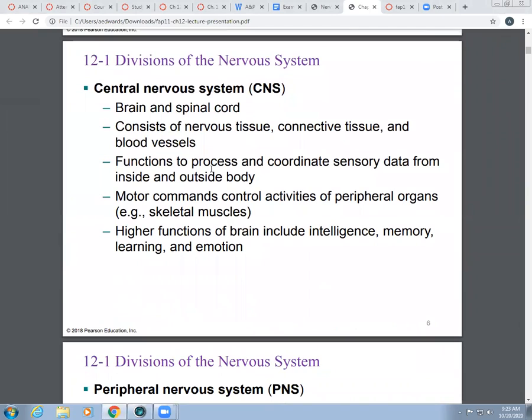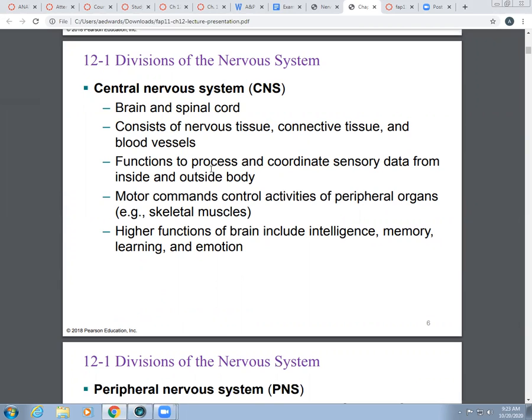So what's the central nervous system? It's your brain and your spinal cord. It's made up of nervous tissue, connective tissue, and blood vessels. What does it do? It coordinates and processes sensory data from inside your body as well as outside your body.